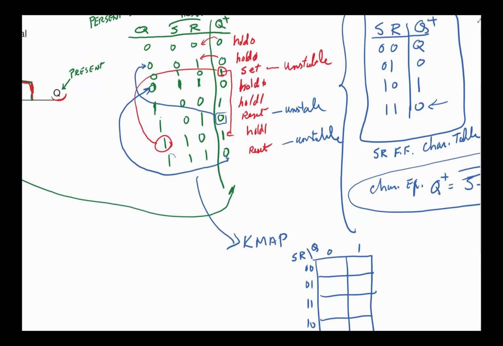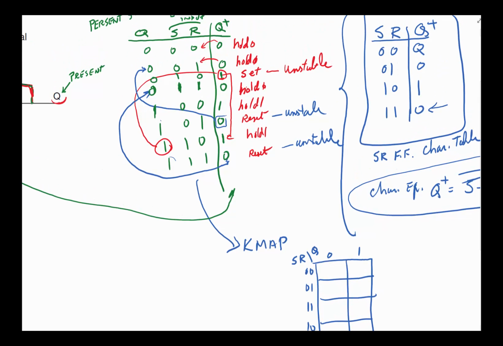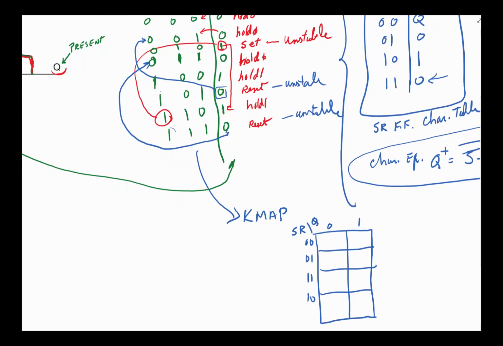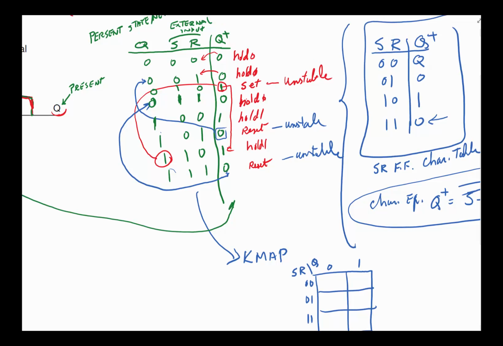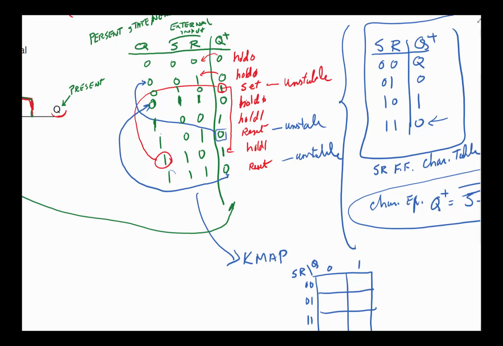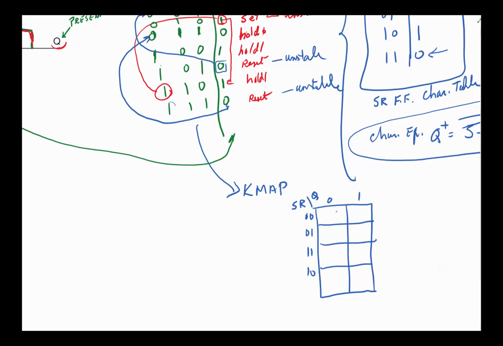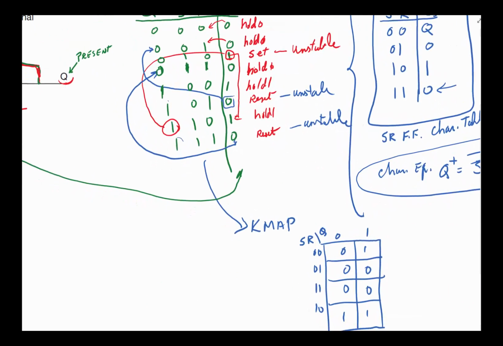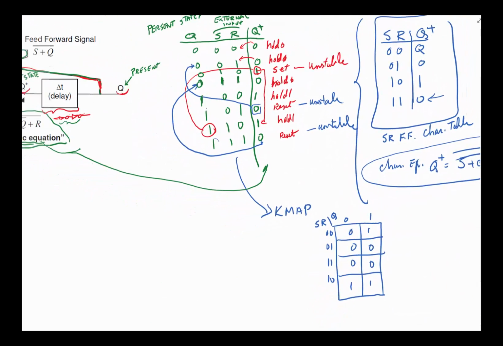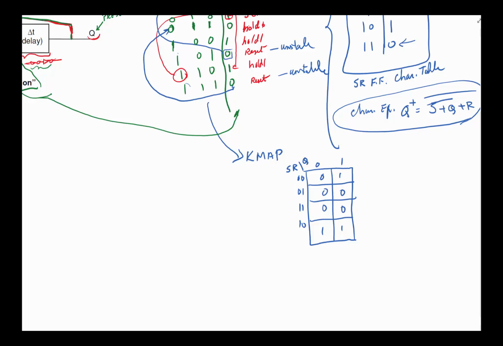And I'm just basically going to take the values here and plug them in here. It's a little twisted the way we wrote it, so it would have been easier if I took the Q and made it the least significant bit, but I think we can survive. We'll see, this is 0, this is 1, this is 0, 0, 0, 0, 1, 1.